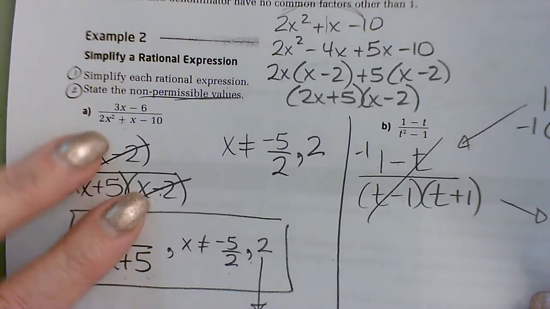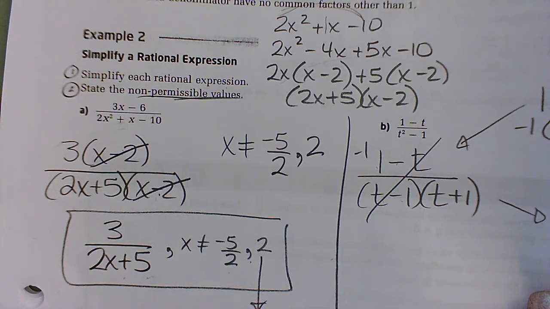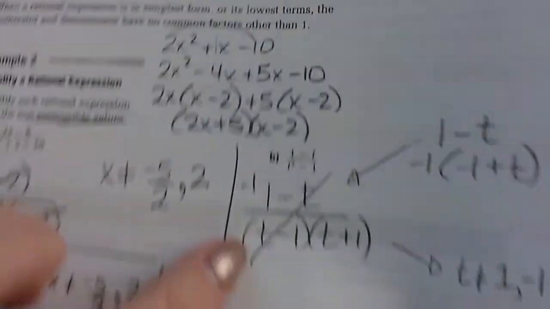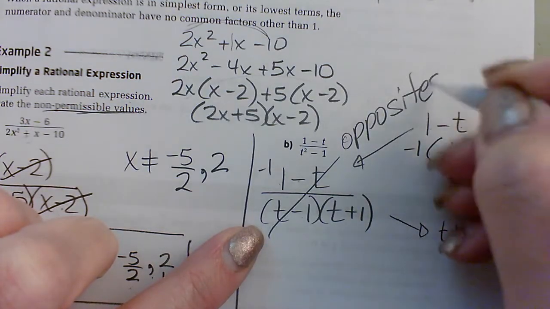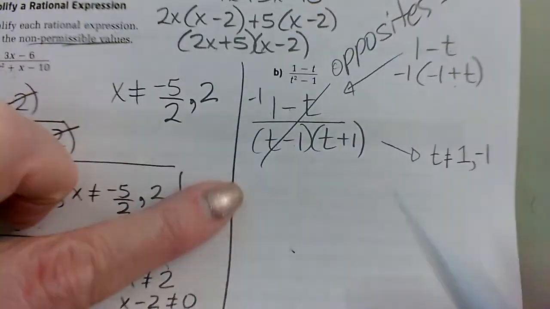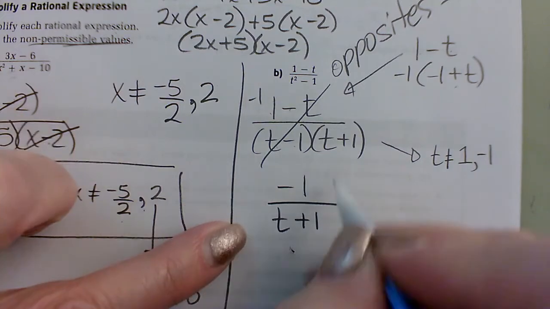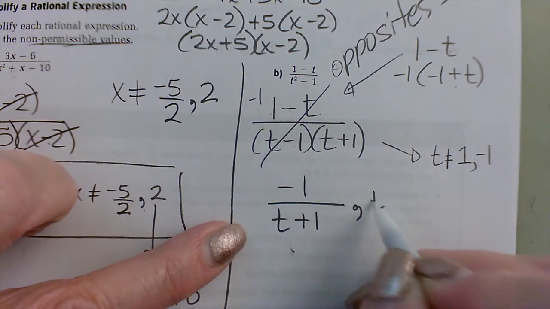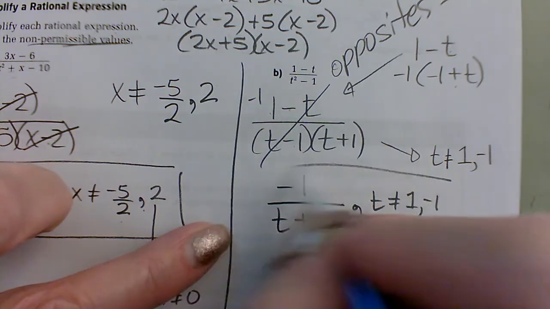When I cancel these two out because they're identical, what really is left? A 1, right? When you cancel out opposites, you get a -1. So this question comes out to be a -1 over t plus 1. There's my answer. And then I'm going to write my non-permissible values behind it.